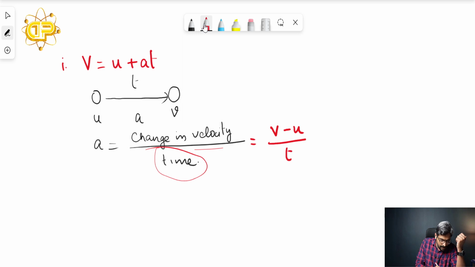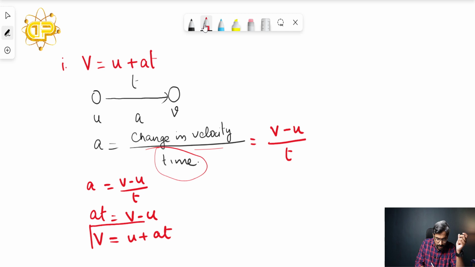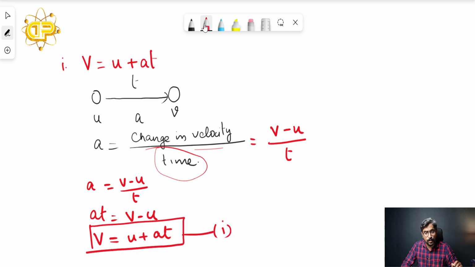So acceleration is equal to v minus u by t. From there you rearrange and you will get at is equal to v minus u, and simply v is equal to u plus at. Here comes your first equation of motion, that is v is equal to u plus at. I hope that you understood the point.